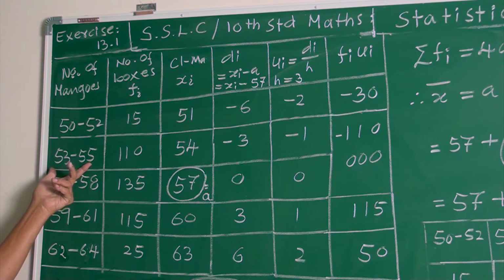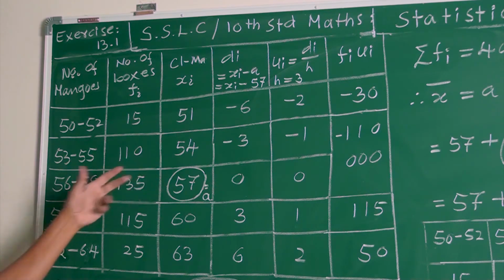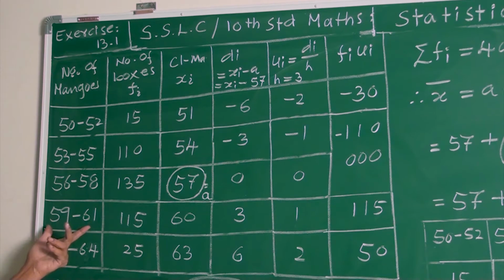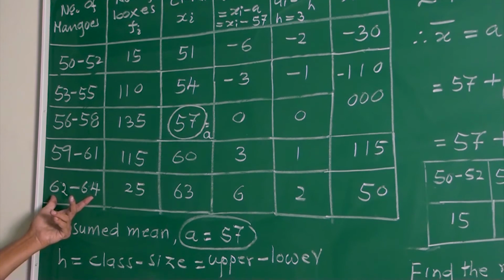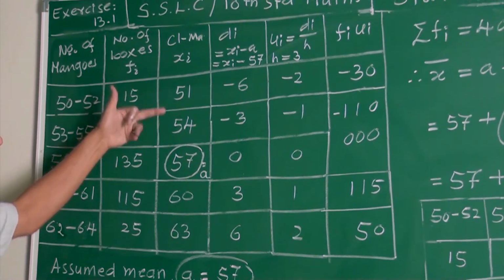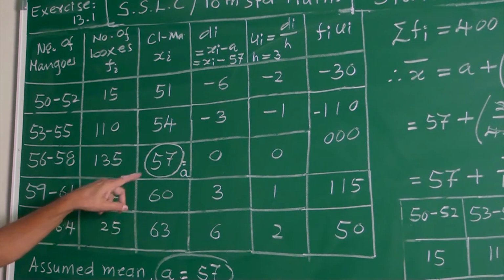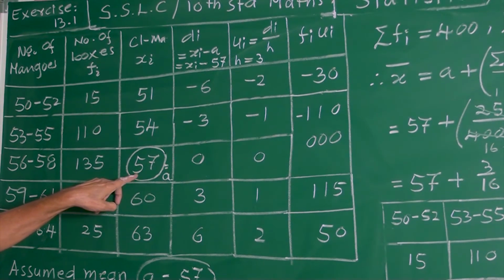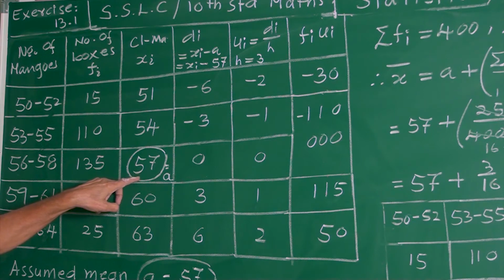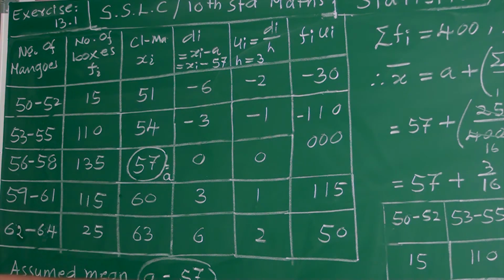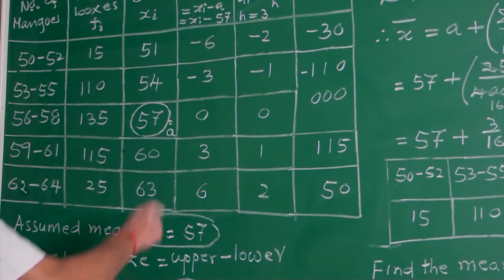Then 54, 57, 60, 63. How many observations are there, my friends? There are 5 observations. Among the 5, the third one is the middle, which is the assumed mean. Therefore, assumed mean is 57. Then you have to go for di.